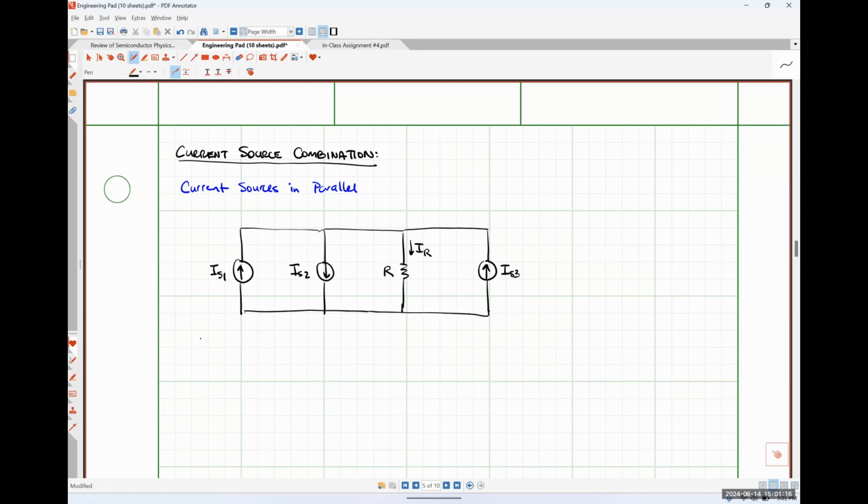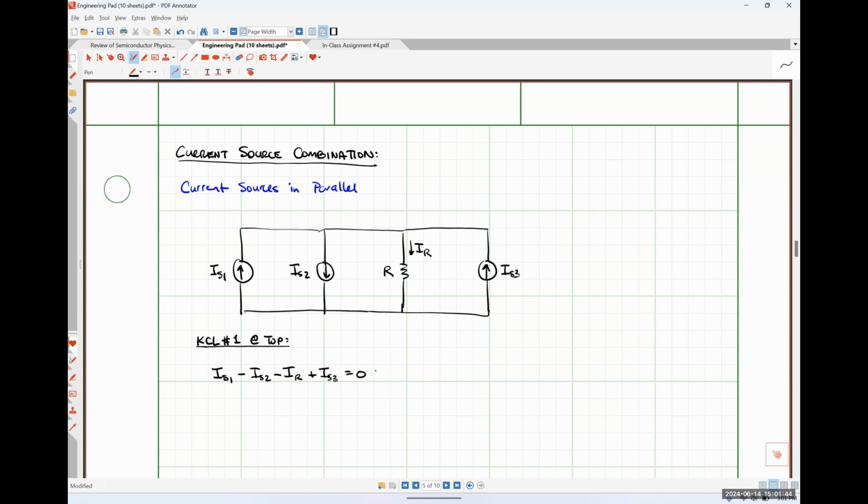So if we were to apply KCL number 1 at the top node, what we would have is IS1 minus IS2 minus IR plus IS3 is equal to 0.